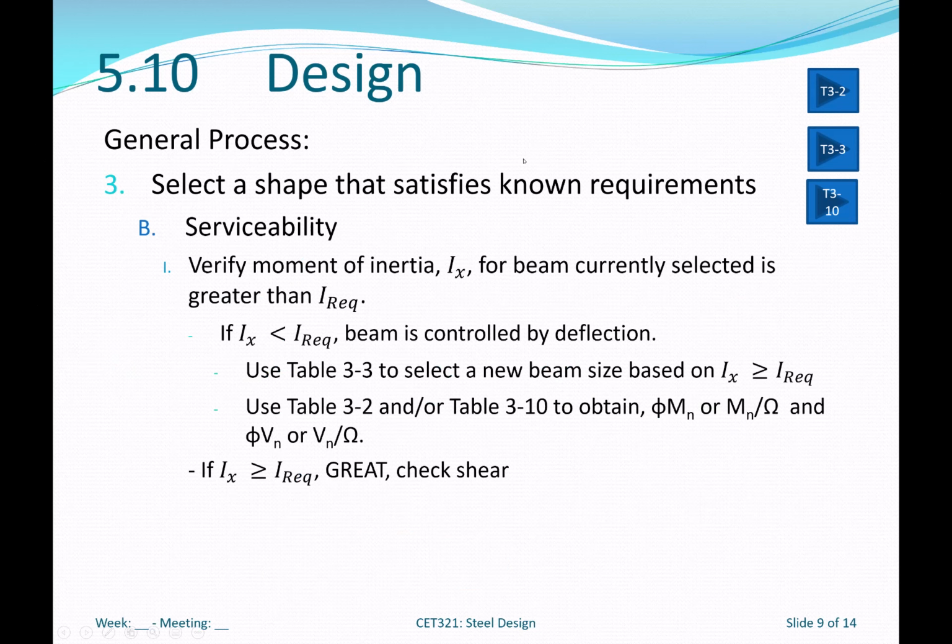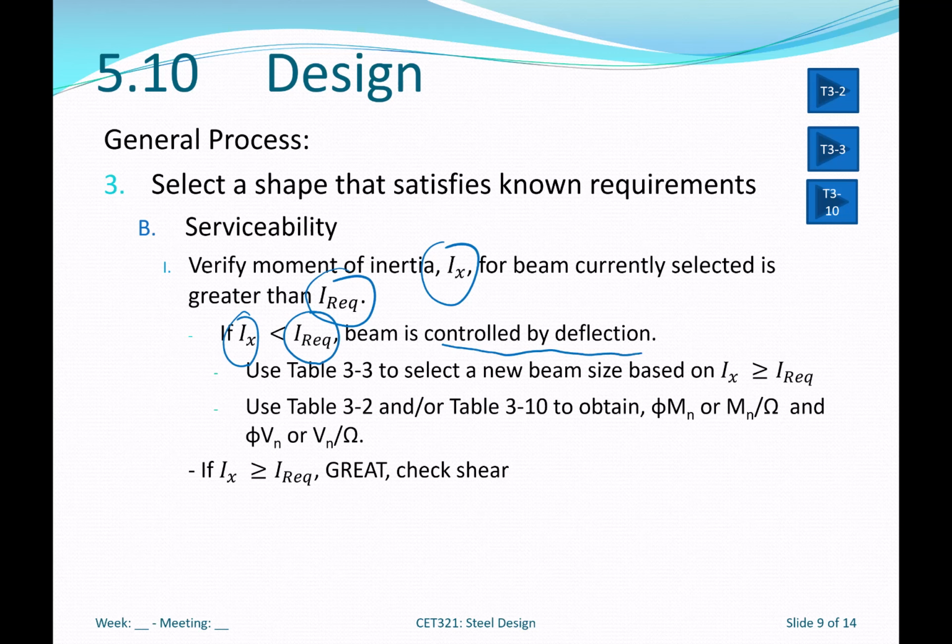Okay, so now serviceability verification. I get the moment of inertia of the beam I selected based on moment. I have the required moment of inertia from my analysis. If my provided moment of inertia is less than my required, then it's being controlled by deflection.